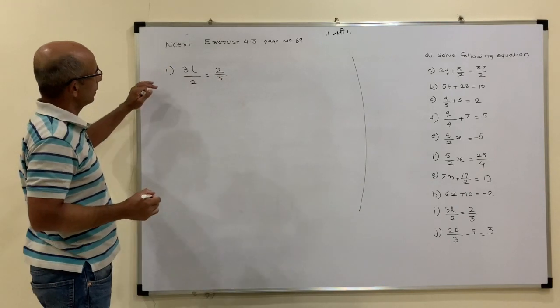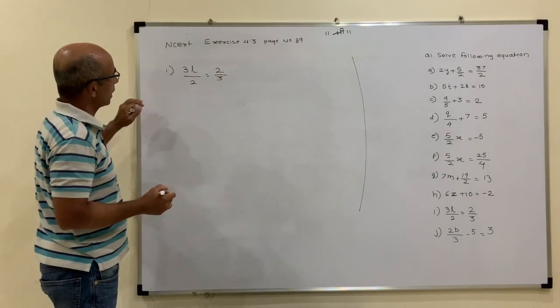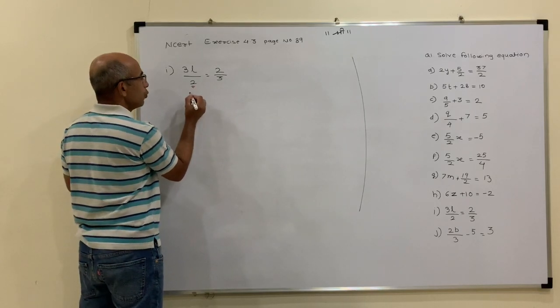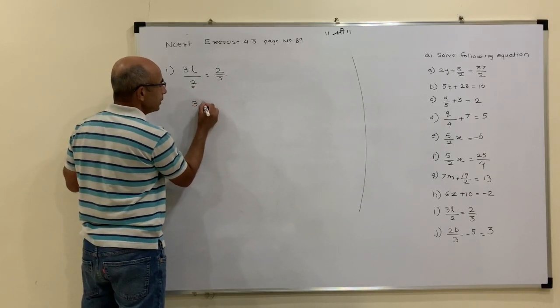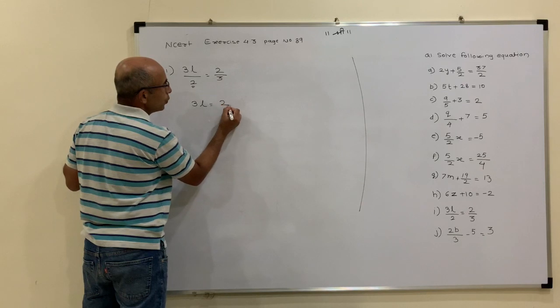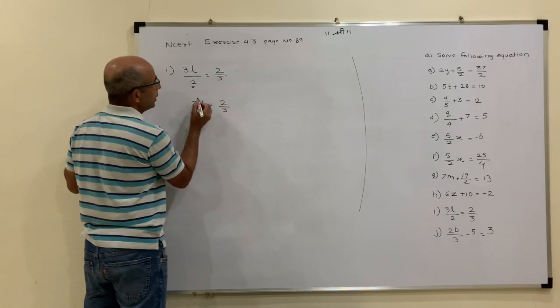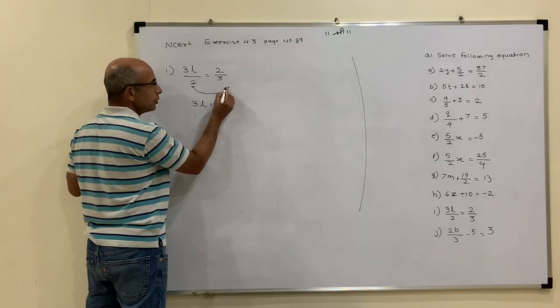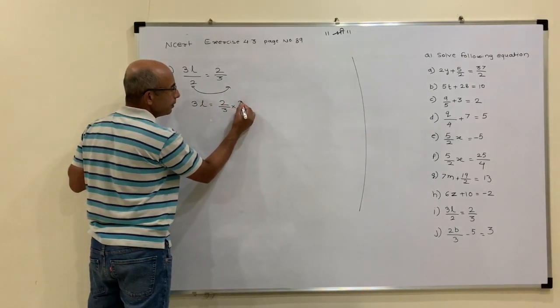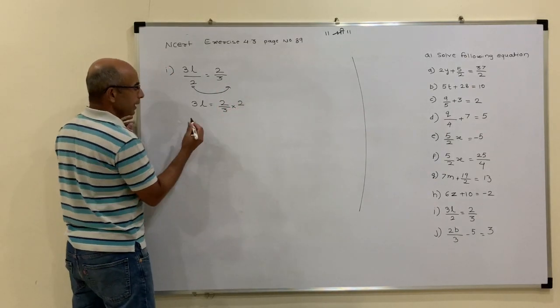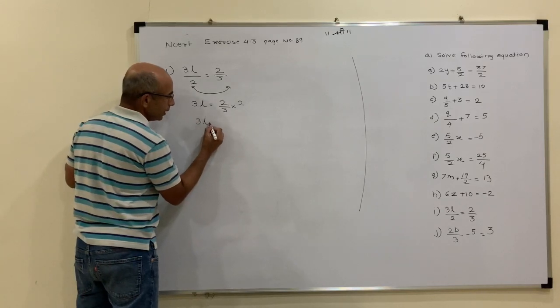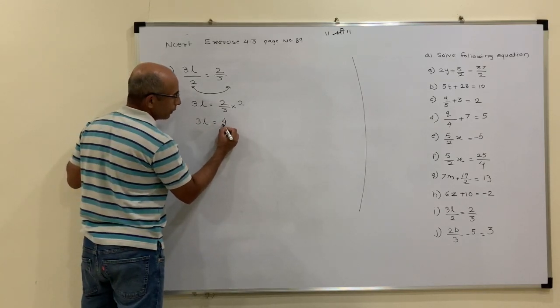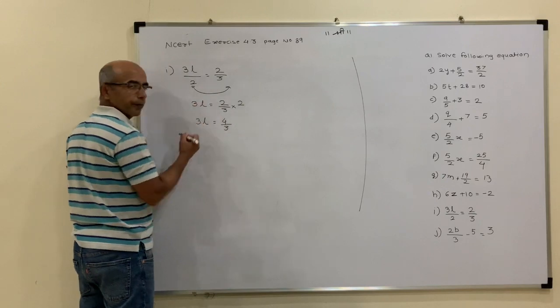Now, here again, I'll be transposing this divided by 2 first. Since 2 is divided over here, when I transpose it onto the right side, it will be multiplied. So my next step will be 3L equals to 4 divided by 3.